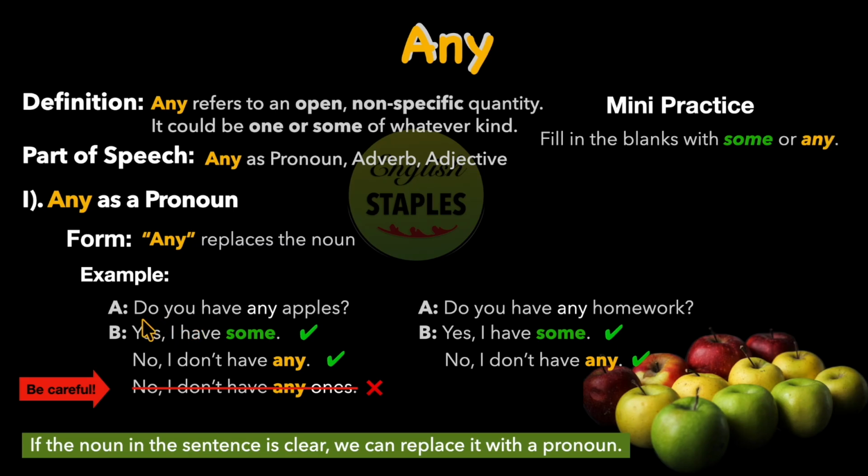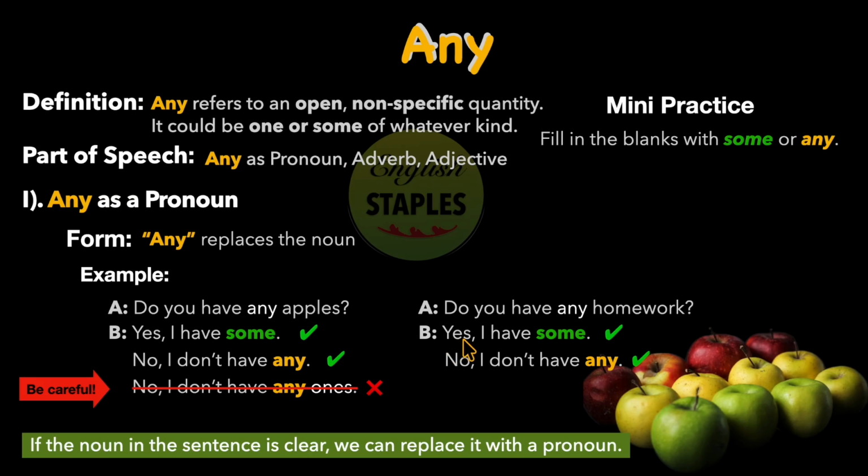In this question, do you have any apples? Apples is a countable noun. And the response is, yes, I have some. The negative, no, I don't have any. Some and any are the pronouns for the countable noun. Let's look at the second example. Do you have any homework? Homework is a non count or uncountable noun.